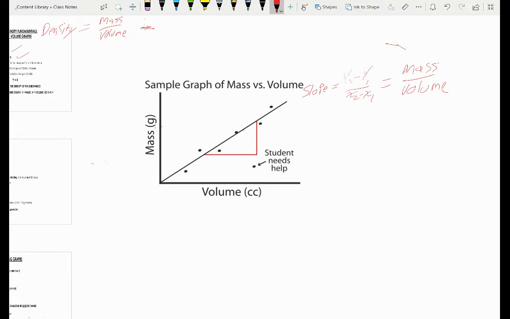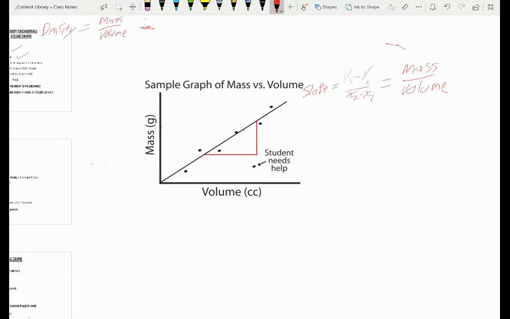Now, does this slope change throughout the experiment? What does this tell us about the density of our pieces of tabletop? They're all about the same, right? Because it's a consistent slope. Did you not say the same, Willie? Okay. We'll just assume you said the same. So that tells us that the density is consistent throughout.